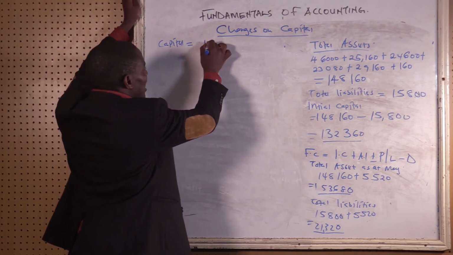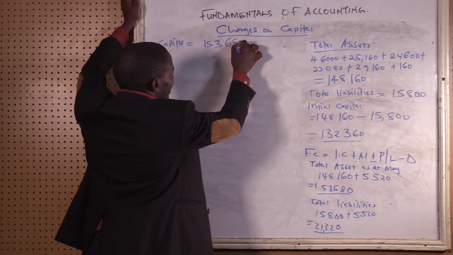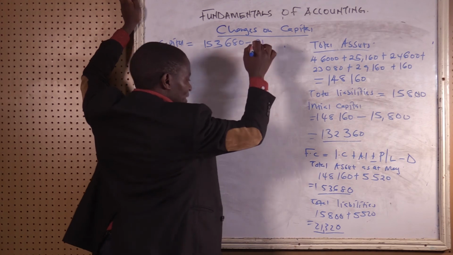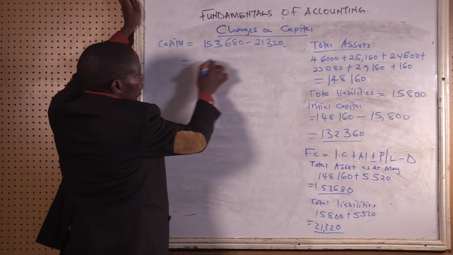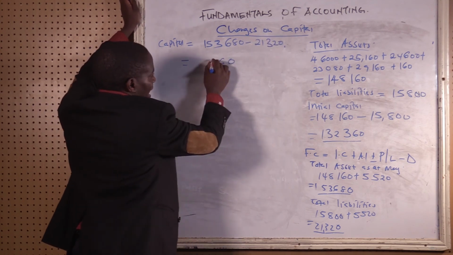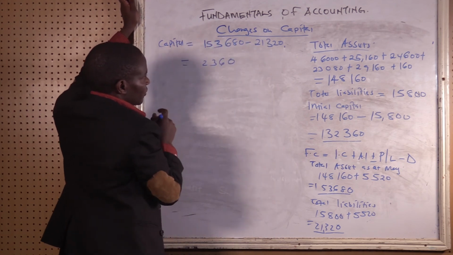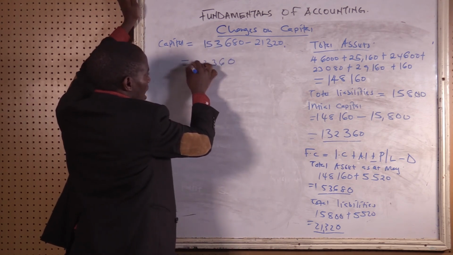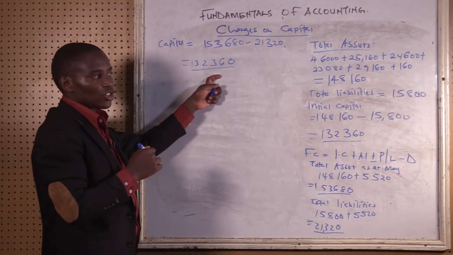Our assets are 153,680. You subtract 21,320. So subtracting these, we have 132,360.